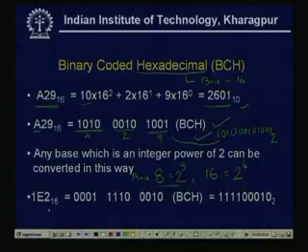So, if we see another example, 1E2 in hexadecimal, then 1 is represented by 4 binary bits, E means 14 is represented by 4 bits, and 2 is represented by 4 bits. This is called BCH. And what will be the binary? See, here there are 3 leading zeros.